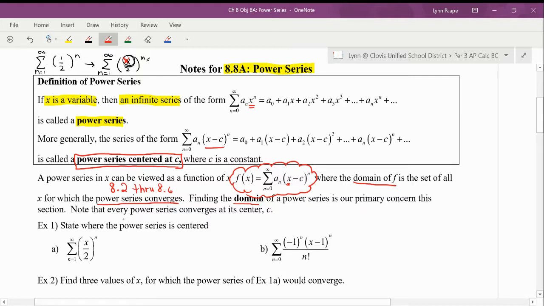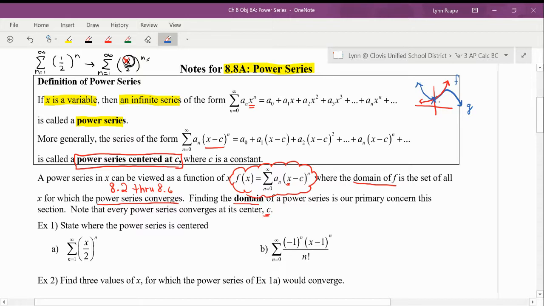Every power series will converge at the very least at its center. That's because in 8.7, when we converted things like e to the x into a polynomial, and it was centered at a point, then guaranteed at that center you will have this polynomial approximation equal to that transcendental function, because that is the point in common.